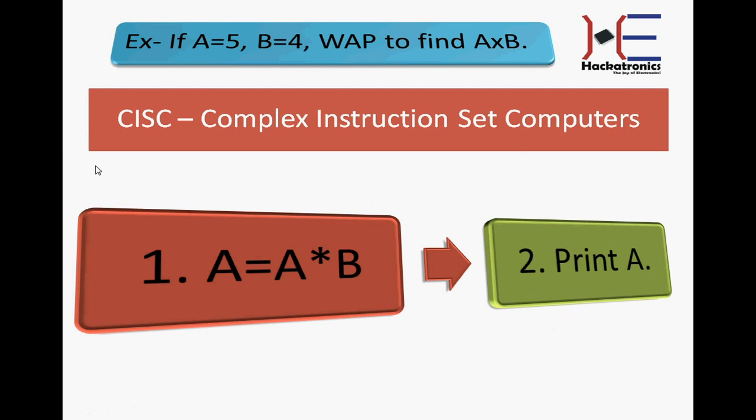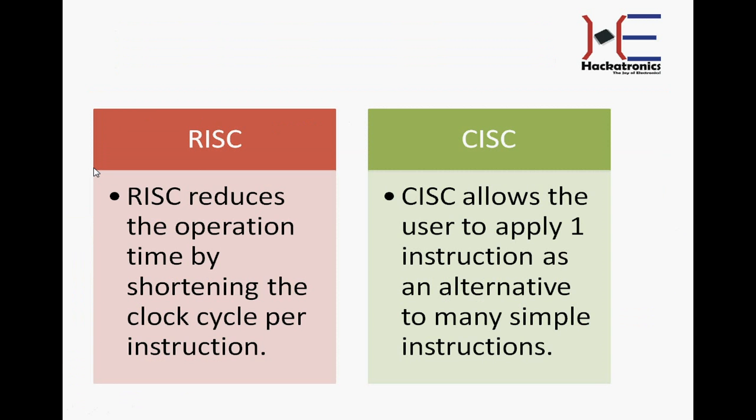After some time, you will say it is 20. Yes. In this method of calculation, you just went through one step, but it was a complex one. Remember, multiplication is a complex operation in comparison to addition. Such type of processors or controllers are known as complex instruction set computers. I hope the difference might be clear to you.